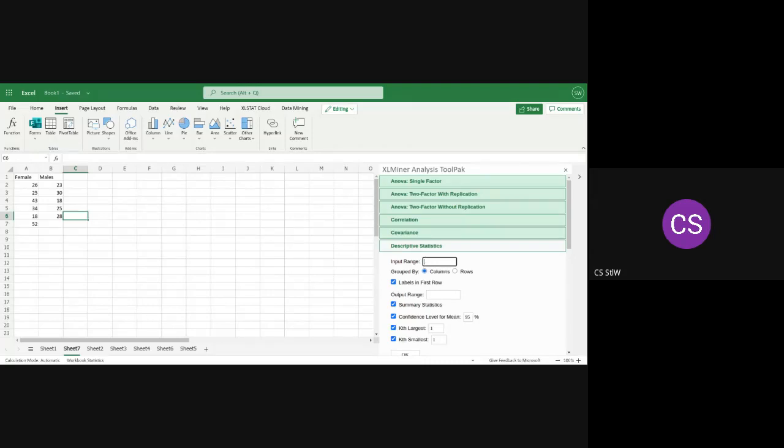Where do you want this to range from? Our first value is at A2 and our last value is at B6. But you're going to specify for each column: from A2 up to A7 over here, then from B2 up to B6.